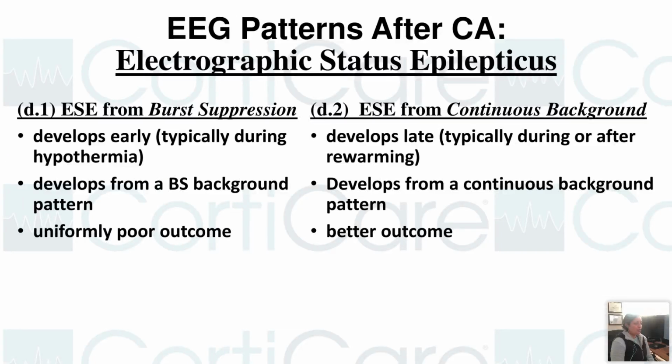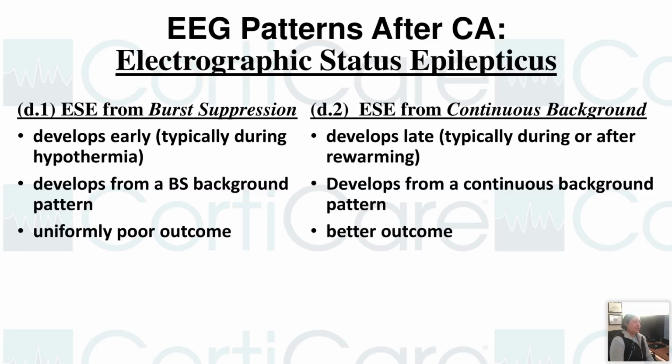So here are those two different types of burst suppression. On one type of burst suppression here, the patient is in burst suppression. Now we are seeing the patient's EEG is changing and looks like the patient is going into electrographic status epilepticus. We are not talking myoclonus yet. We are talking just the EEG patterns after cardiac arrest.